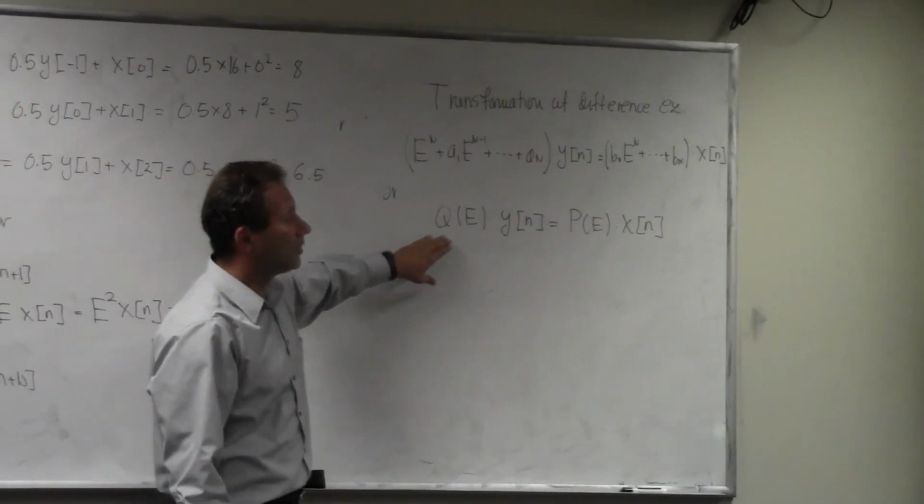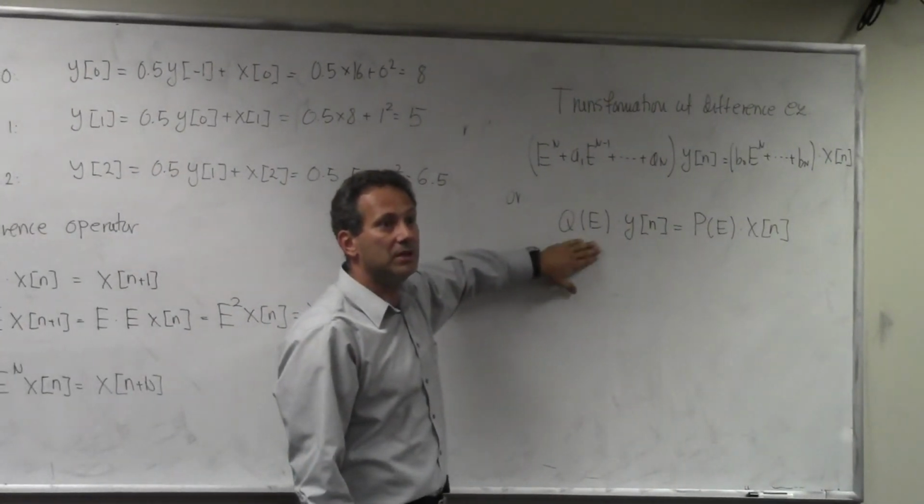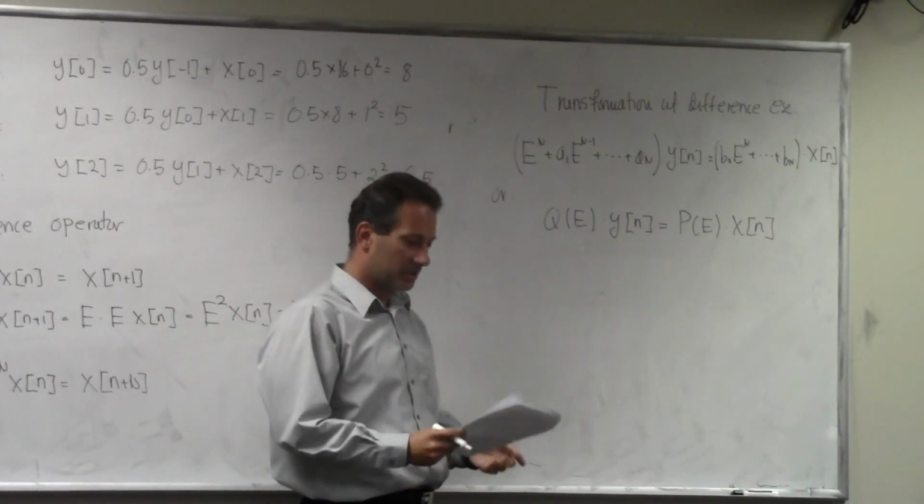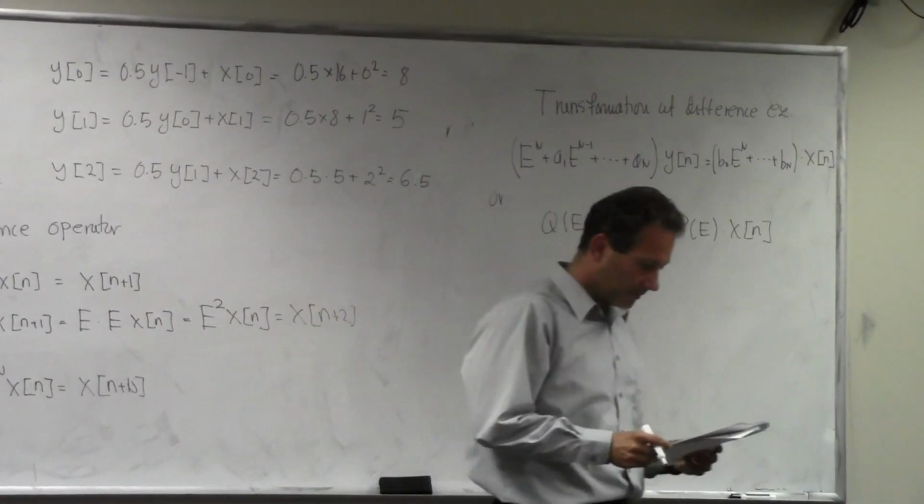Nothing really fancy. We already saw that we have P of D, Q of D operating on x(t). Now this is equivalent, it's just now discrete time.